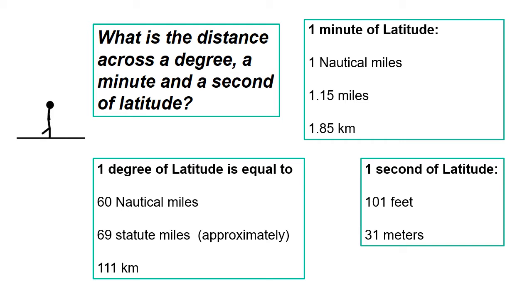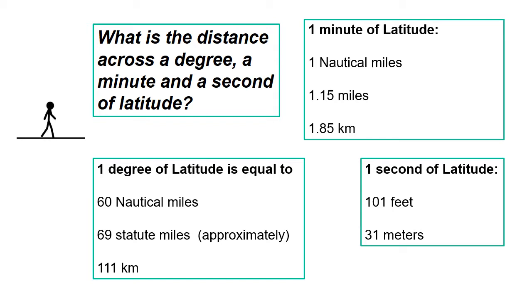Well, what if you're exactly halfway between the 35th parallel and the 36th parallel north? Well, you'd be located at 35 degrees 30 minutes, because each degree is divided into 60 parts called minutes.